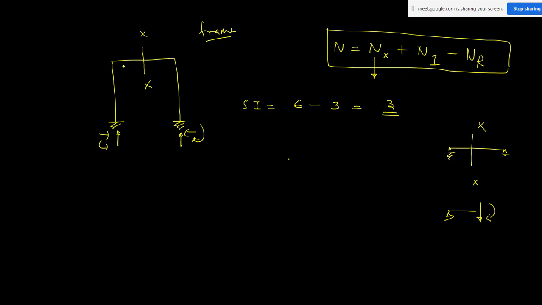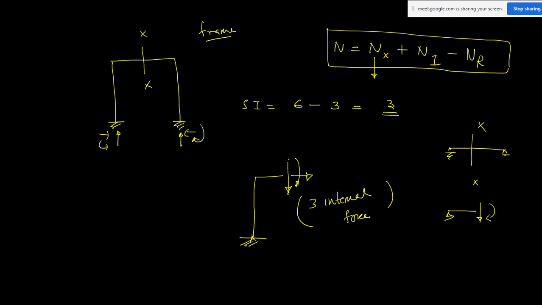Similarly, if you take a cut along this frame member, in general you will have a vertical force, some axial force component, and a moment. For each cut you will get 3 internal forces or 3 unknowns.